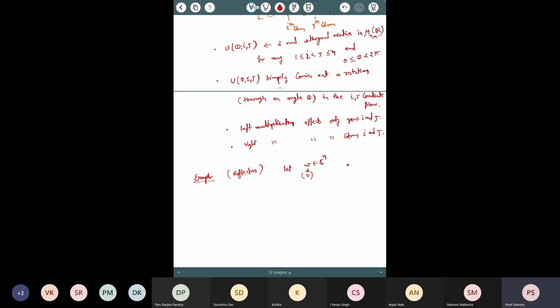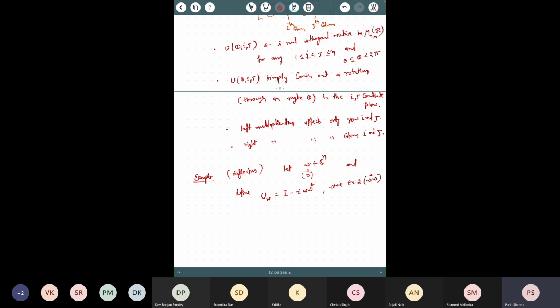Based on this non-zero vector w, I will define a matrix, let's say u_w. How is it defined? It is just the identity matrix minus t times w w star, where t is 2 times w star w.